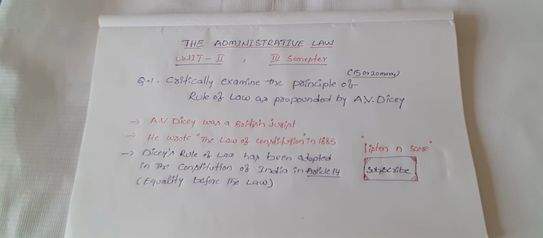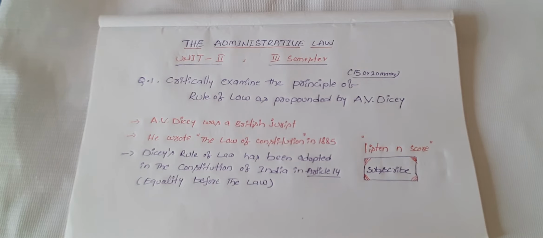Several jurisprudents analyzed and gave the meanings of the term rule of law. According to their views, Davis, in his book Administrative Law, published in 1959, gives 7 principal meanings of rule of law. They are: number 1, law and order. Number 2, elimination of discretion. Number 3, due process of law or fairness.